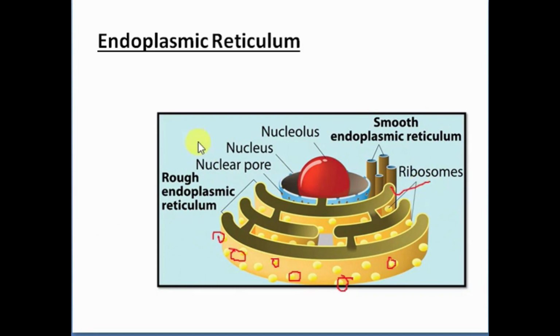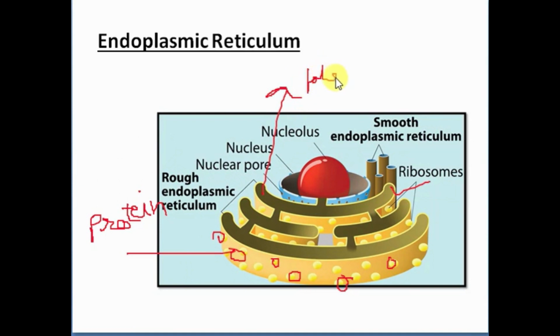The ribosomes that are present make protein. The protein that is formed is because of these ribosomes on the rough endoplasmic reticulum. Smooth endoplasmic reticulum doesn't have ribosomes, so it makes fats and lipids.